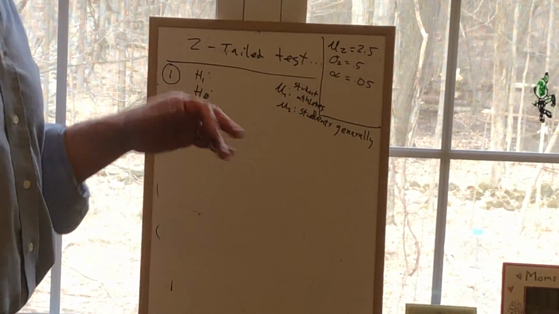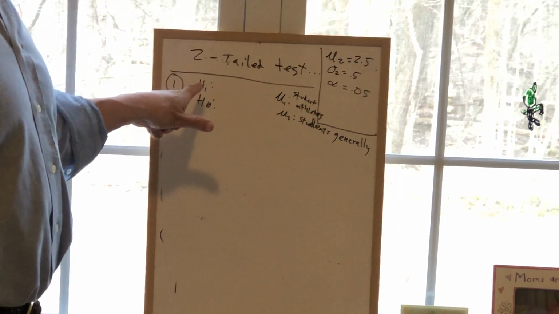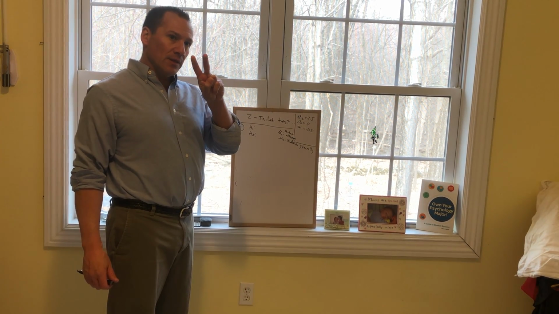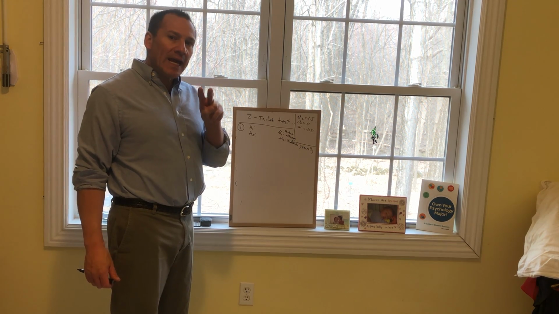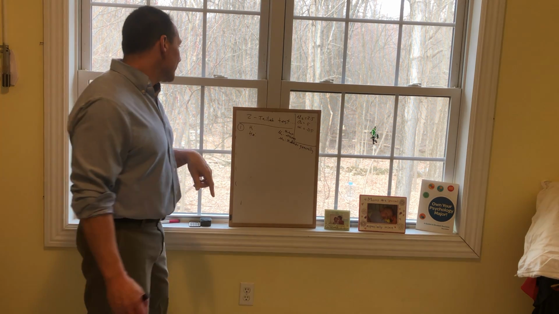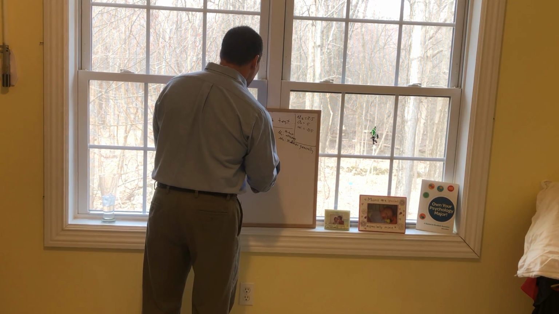So mu sub 1 is student athletes, mu sub 2 is students generally. Research hypothesis. With a two-tailed hypothesis, we now have what we call a non-directional research hypothesis, and there's two possibilities. I'm kind of saying, on one hand, mu sub 1 might be greater than mu sub 2.